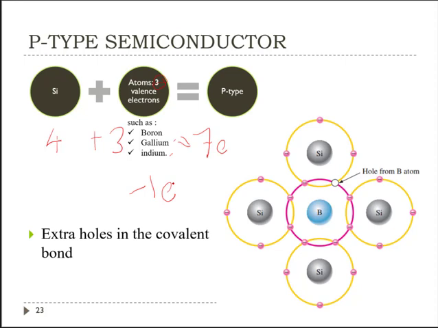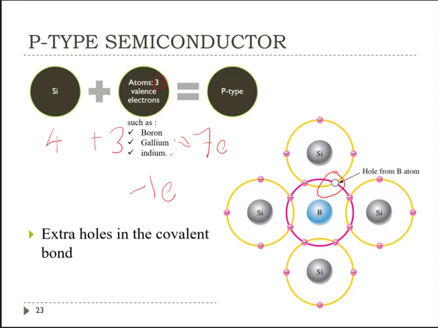So if we look here, for the P-type, we have extra holes, which means there's no electron in that hole. And this hole might be filled in by the extra electron from the N-type semiconductor.